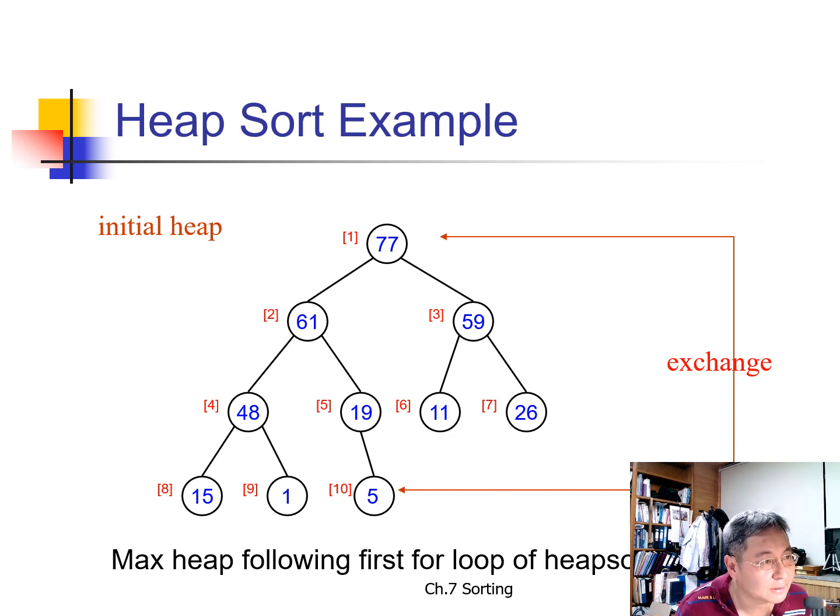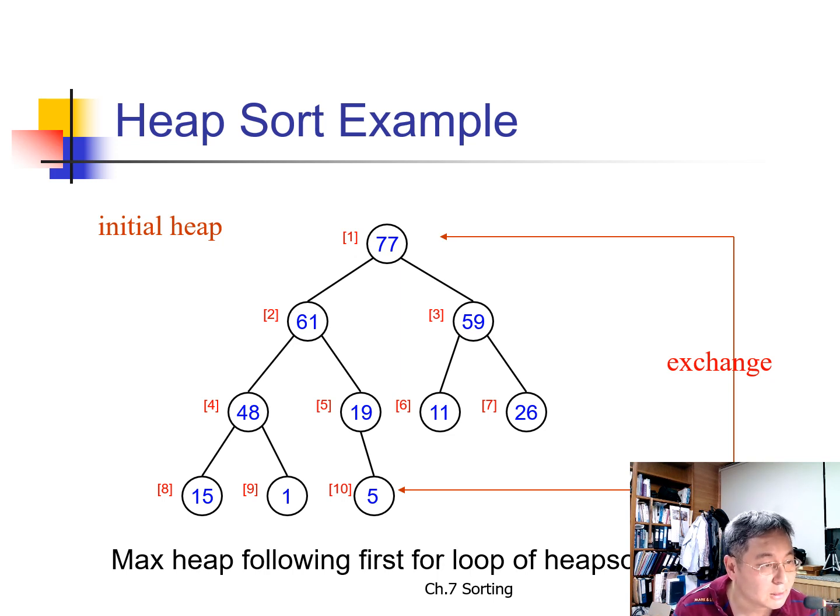Yes, this is a heap sort example. Okay, you can see that this is a heap because every parent node's value is greater than its children's values. 77 is the maximum value, and 61 is the maximum value of its children. Okay, so this is a heap.